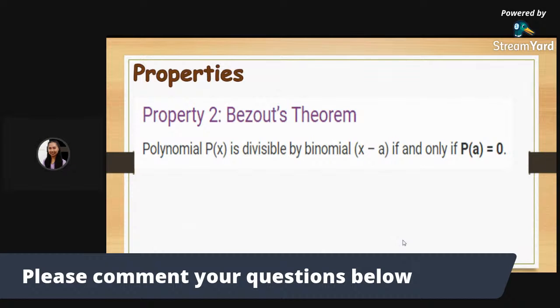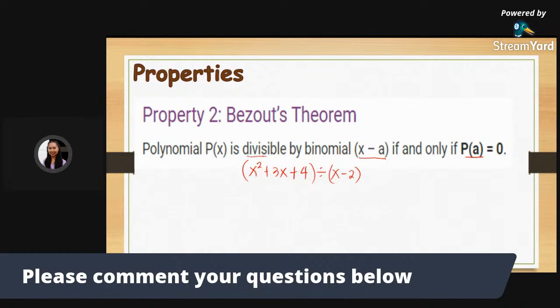For property number 2, it is stated that polynomial p of x is divisible by a binomial x minus a if and only if p of a is equal to 0. So let's have an example of this. If we have x squared plus 3x plus 4 divided by x minus 2, let's find the answer.